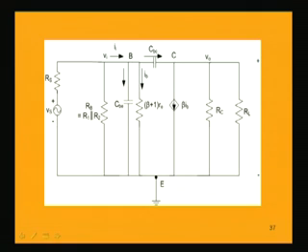K value is V0 by Vi, that is V2 by V1, output voltage V0 by input voltage Vi, the two voltages at these two points across which we are redistributing the capacitance.